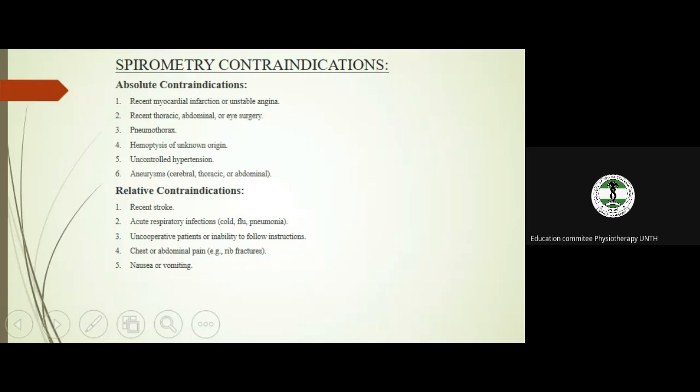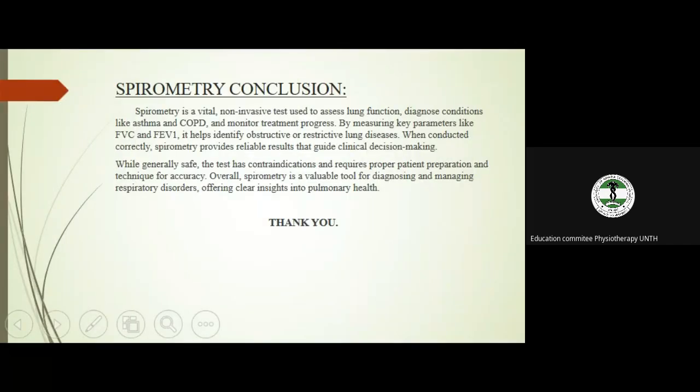It's a vital spirometry conclusion. Spirometry is a vital, non-invasive test used to assess lung function, diagnose conditions like asthma, and monitor treatment progress by measuring key parameters like FVC and FEV1. It helps identify obstructive and restrictive lung diseases. When conducted correctly, spirometry gives reliable results that guide clinical decision making.